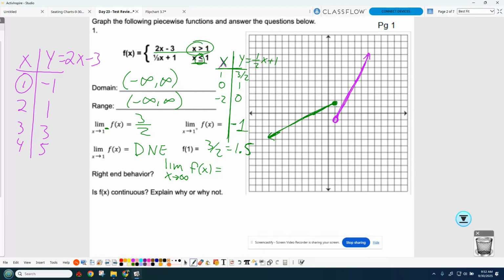Positive infinity. Ella, is it continuous? No? What kind of discontinuity do we see and where is it? Jump. At what x value? 1. Yes. That make sense? Any issues, any questions, any concerns?